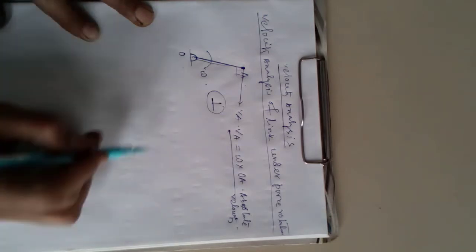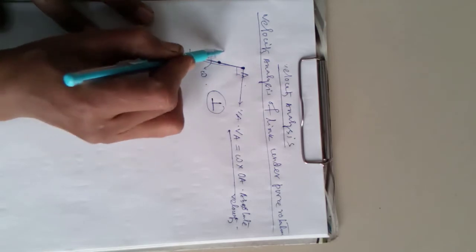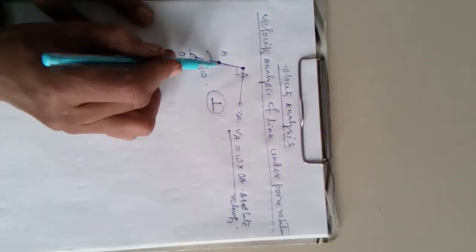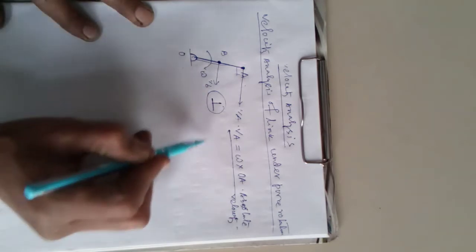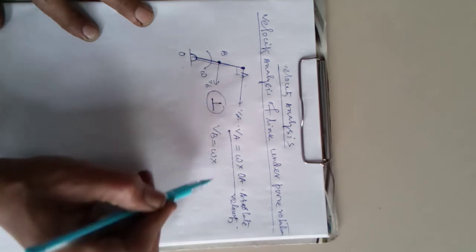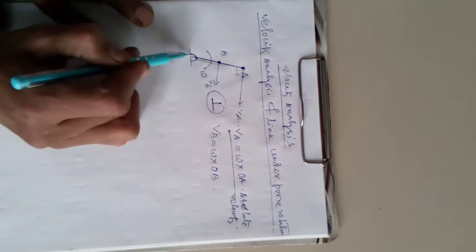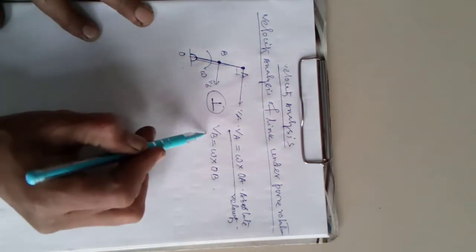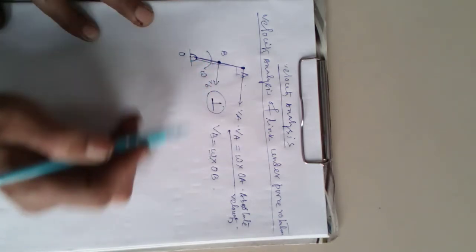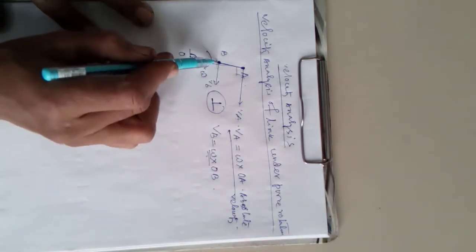Now if you consider another point, suppose B, we will find out the velocity at B. VB will be omega into OB, because we are finding the velocity of B with respect to this point O. That is also perpendicular to OB.